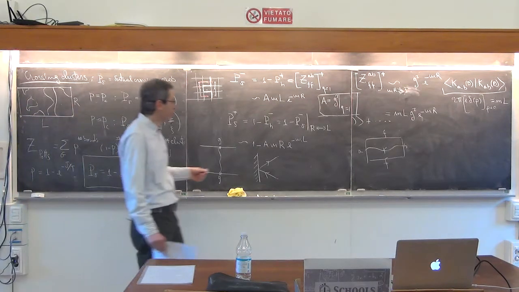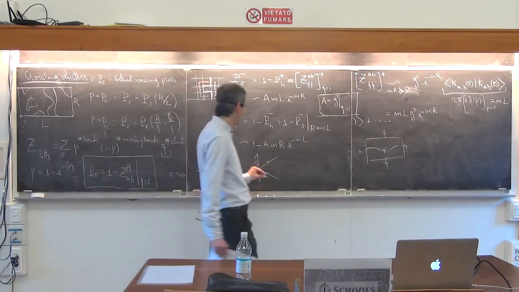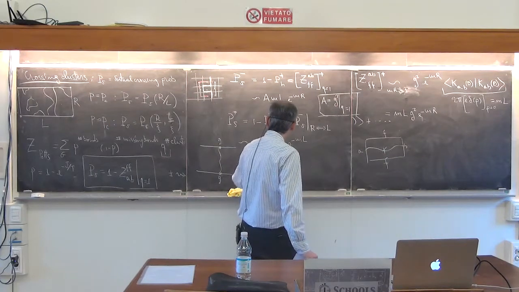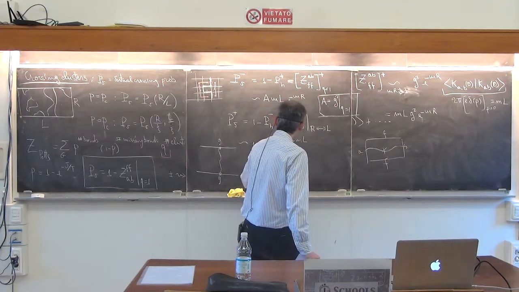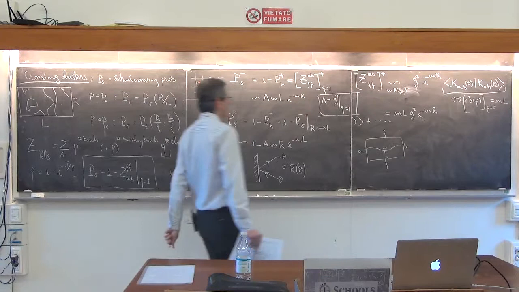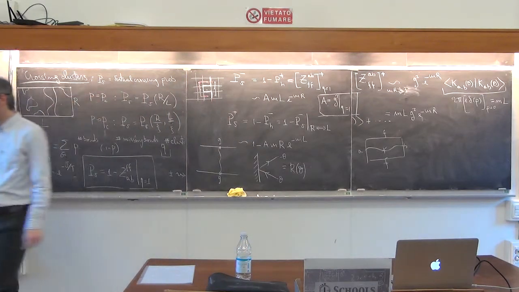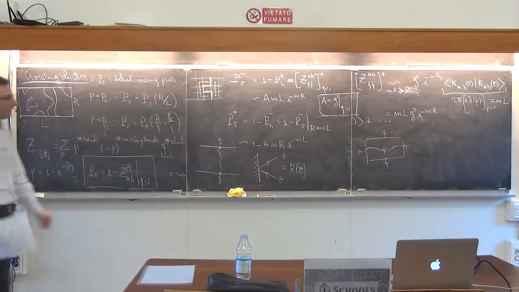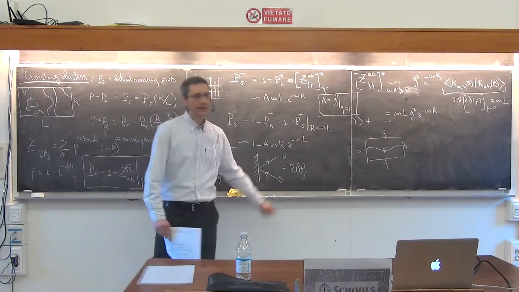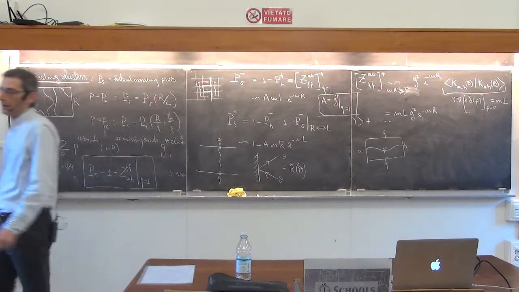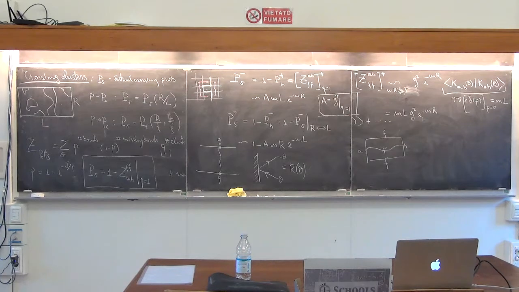So then you can compute this reflection amplitude, this will be a function of theta, called R of theta, the reflection amplitude for this process. And you will find that this amplitude possesses some poles again that you can interpret.